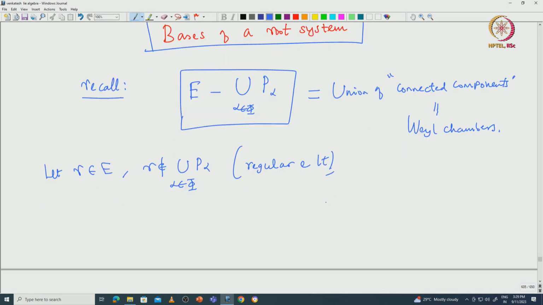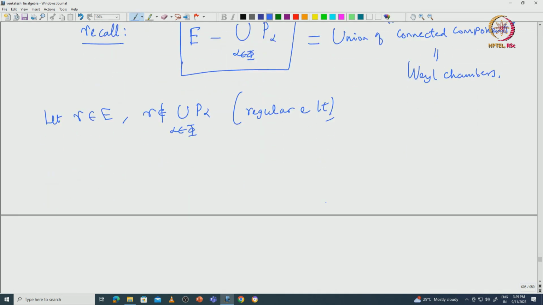So then we saw that this gamma indeed separates phi into two disjoint sets. One is phi plus of gamma, which is those beta in phi such that beta of gamma is positive, and then you have phi minus of gamma, which is just minus of phi plus of gamma.